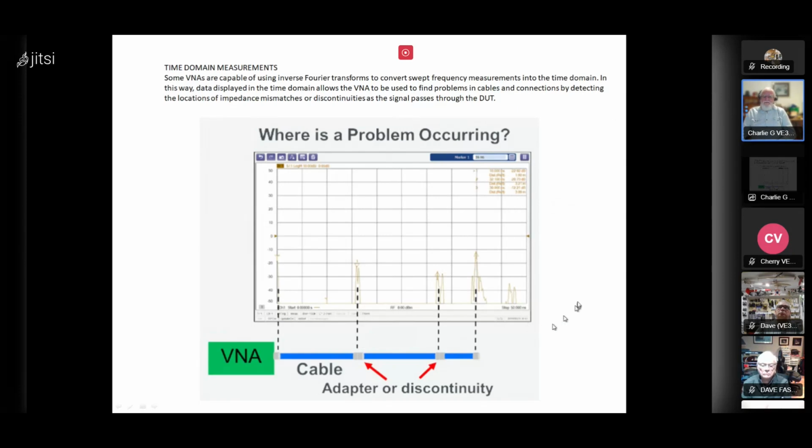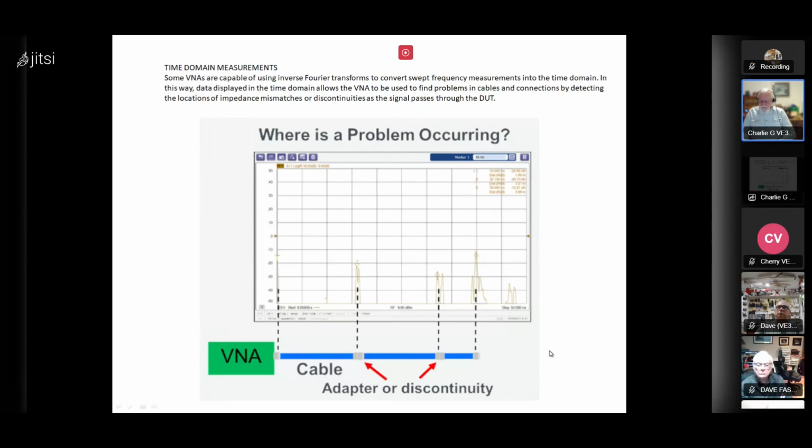So, in this particular graphic here, connectors will have a bit of a discontinuity, and you can see here there's a bit of a reflection from the connectors, but this huge discontinuity is much larger than anything else that's coming back. So the VNA can essentially tell you where the break is in your cable.